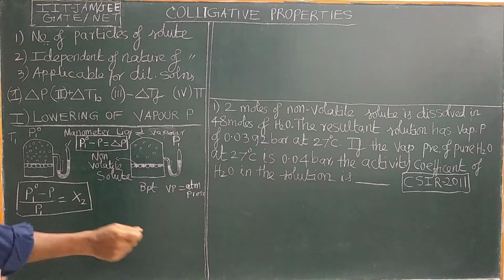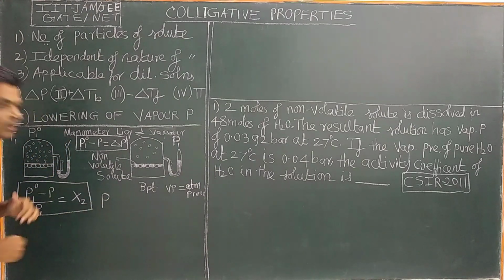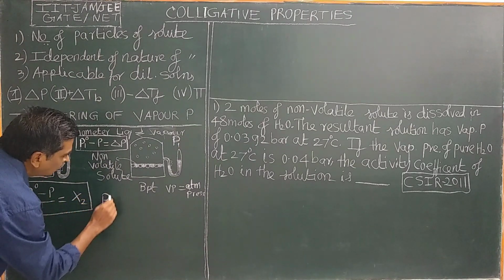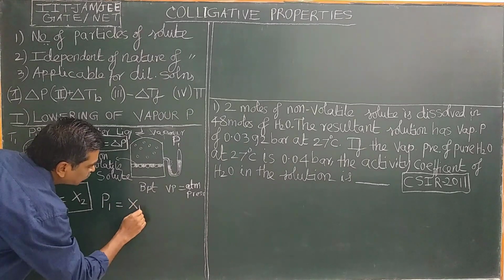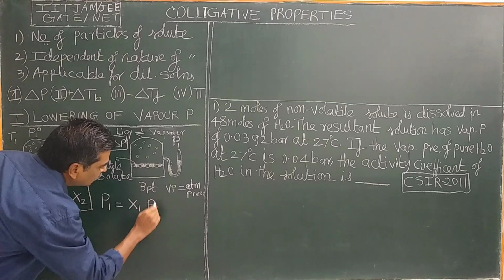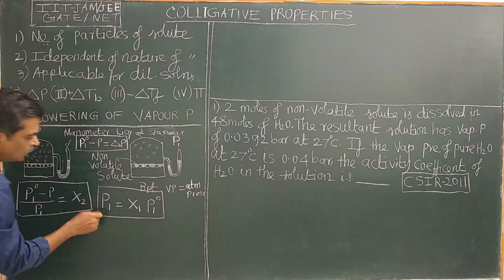Now let us derive this expression. According to Raoult's law, which we studied in the previous video, P1 equals x1 P1 naught. This is the actual Raoult's law expression.